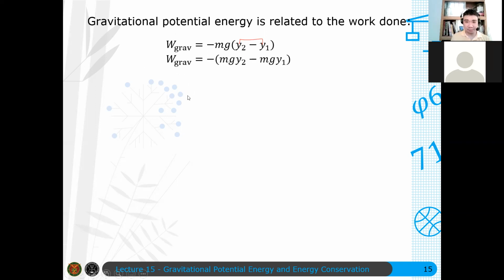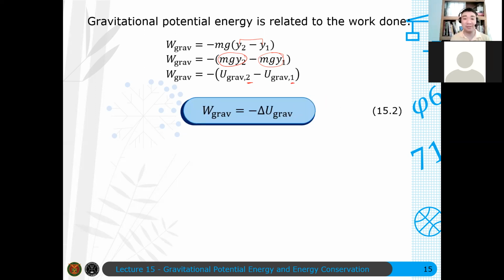Okay. Now, of course, you can distribute mg there and say that, okay, if this describes the potential energy, or I should say the GPE of that object at position 2, and this is the gravitational potential energy at position 1, then I can say that the total work done by gravitational force is just the negative of the change in the gravitational potential energy of the object.